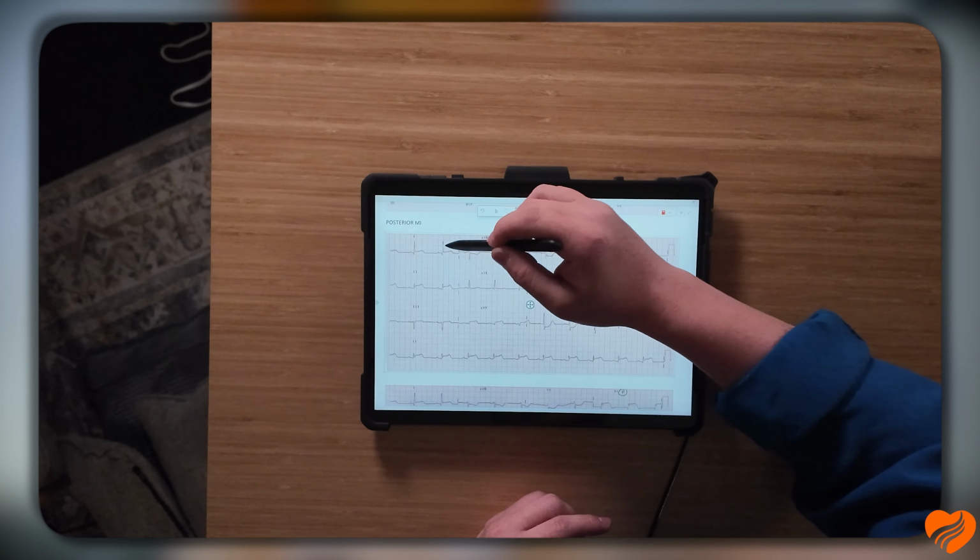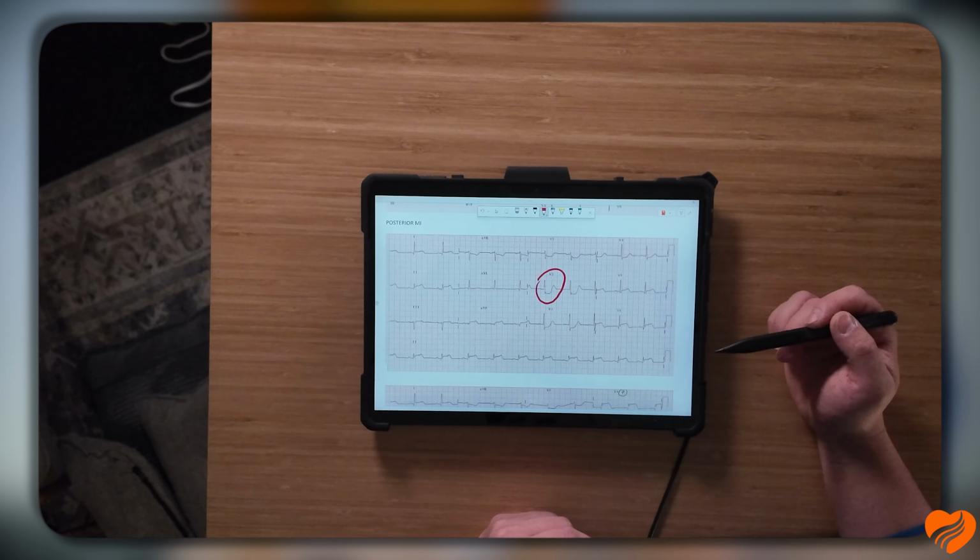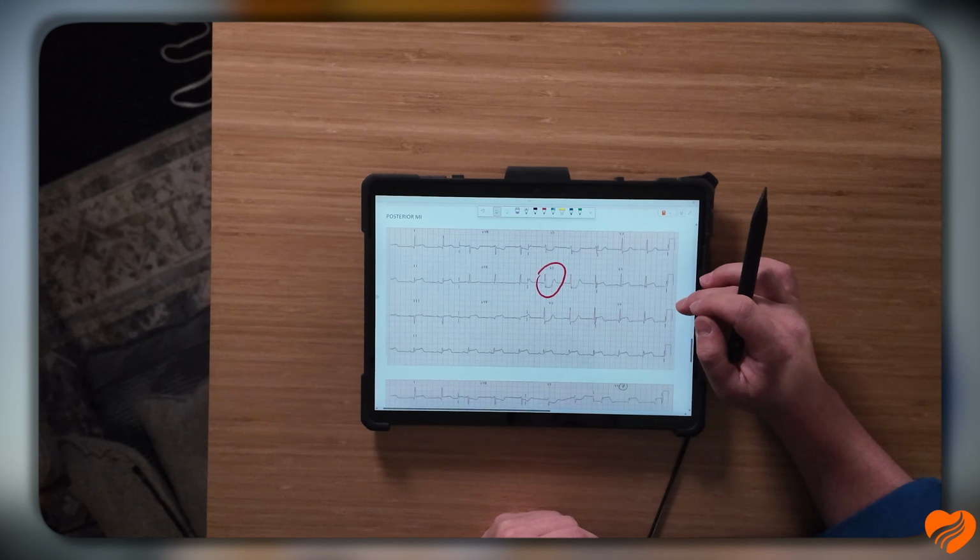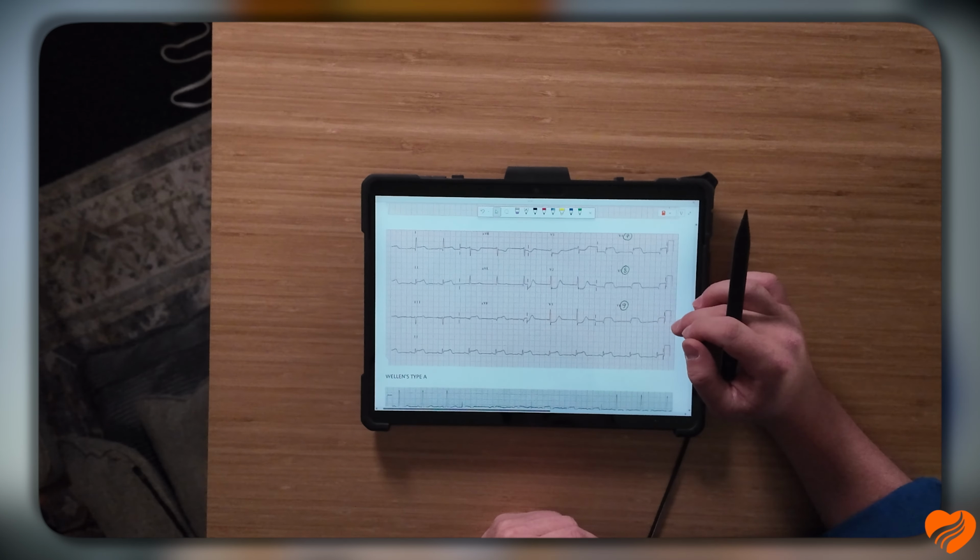But for a lot of these patients that are having posterior MIs, they may not have that. This will probably be your only sign right here: flat ST depression in your anterior septal leads. So keep a lookout for that. So it looks like this patient had a posterior 12 lead done as well, at V7, 8, and 9.